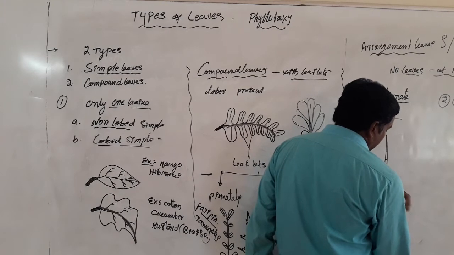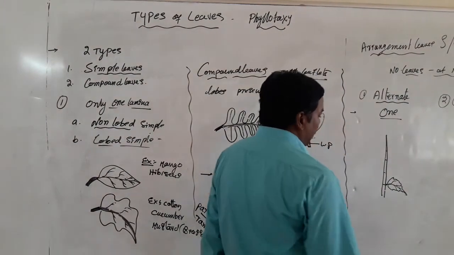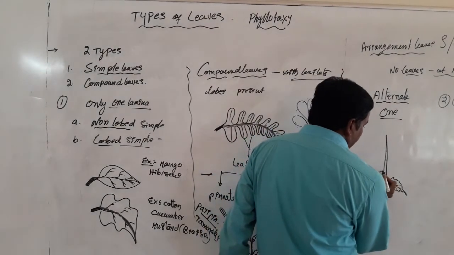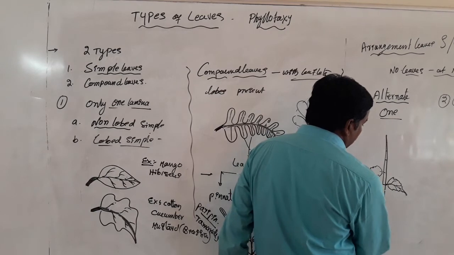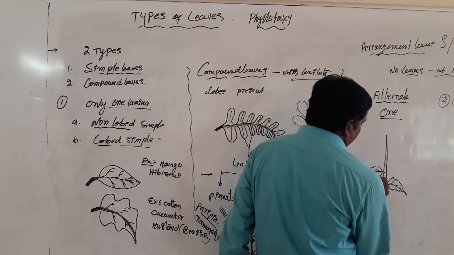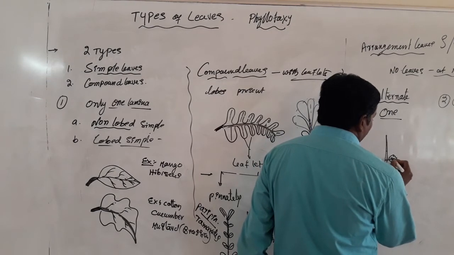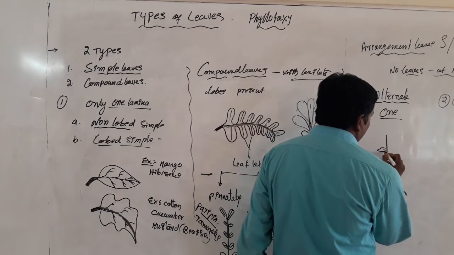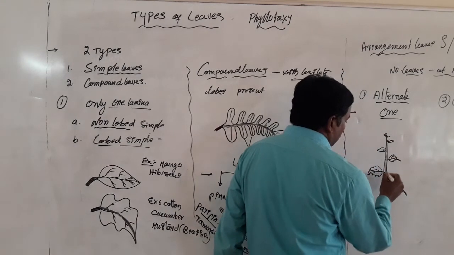This is one node, one leaf, and this is another node containing only one leaf. Only one leaf, and this is another node, only one leaf.